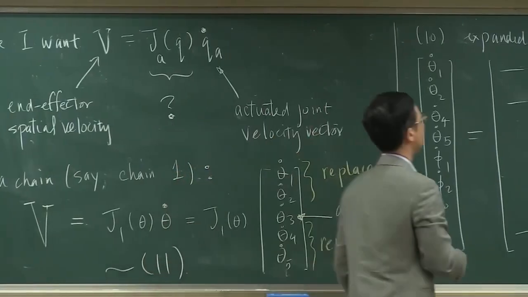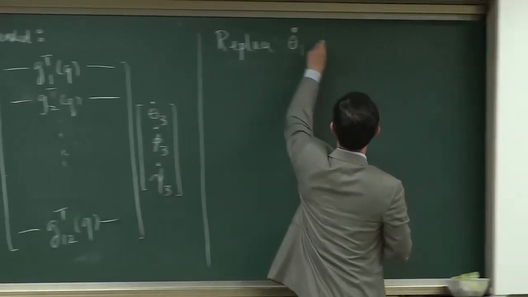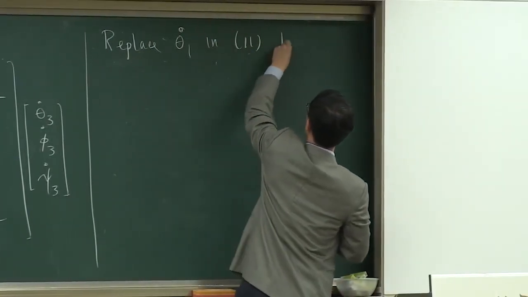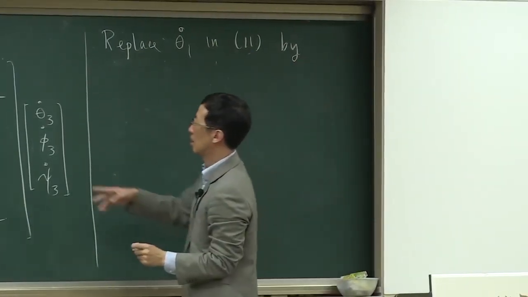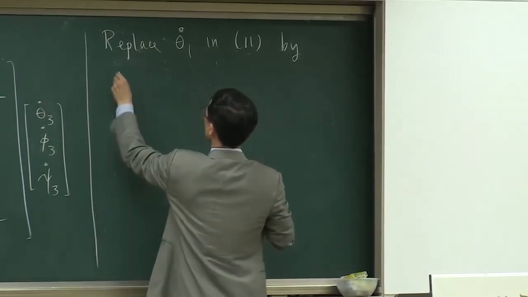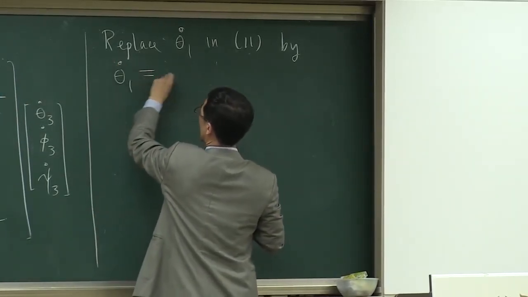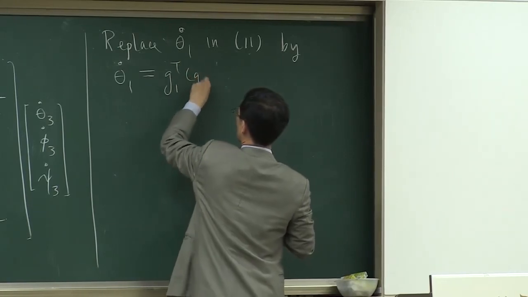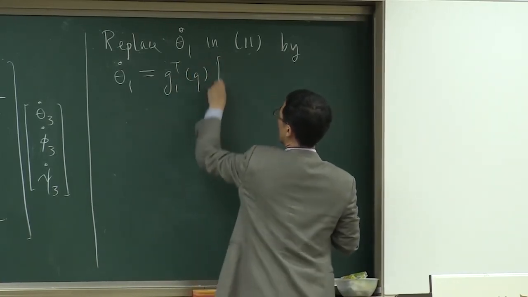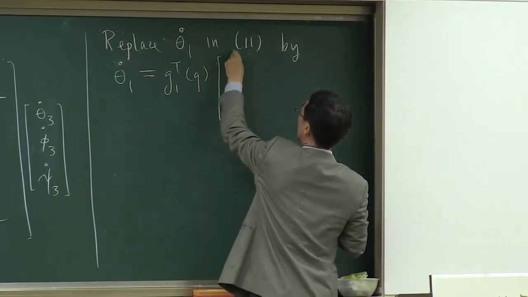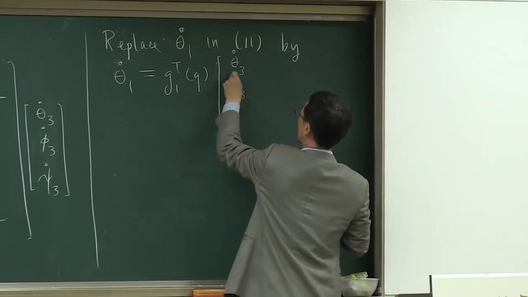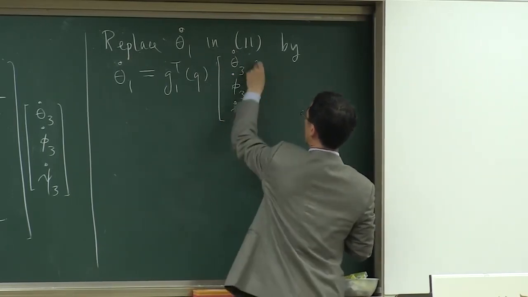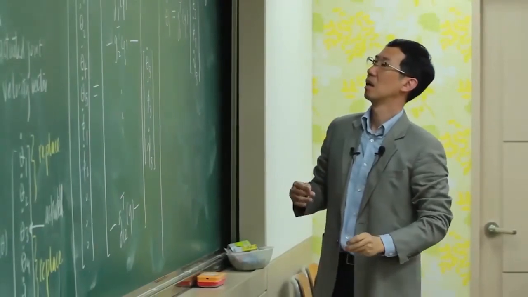In 11, by the first equation, theta 1 dot equals G1 transpose Q times this thing, theta 3 dot, phi 3 dot, psi 3 dot.